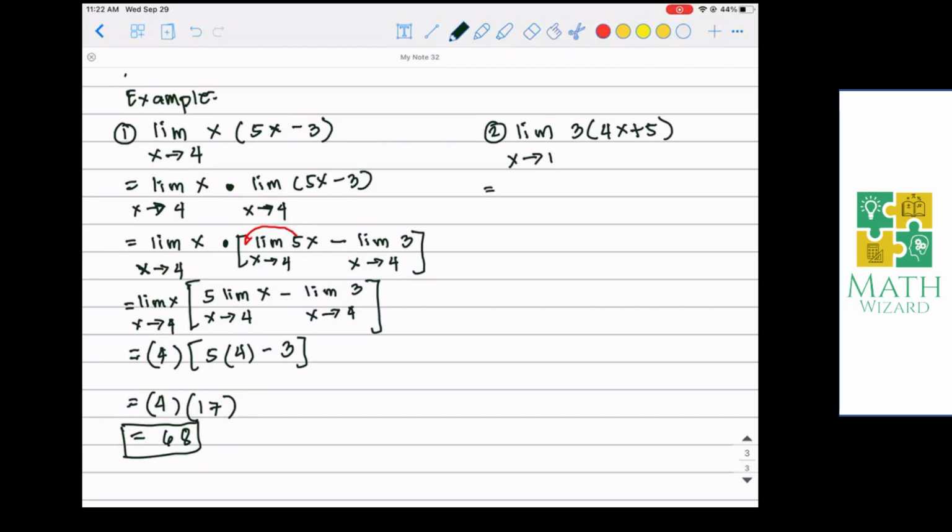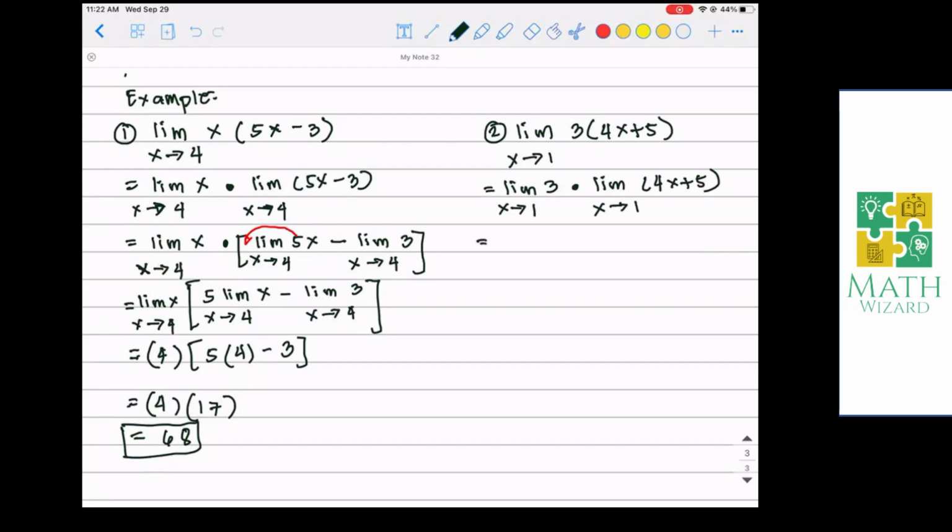So this becomes the limit of 3 as x approaches to 1. And then we need to multiply this one to the limit of the 4x plus 5 as x approaches to 1.